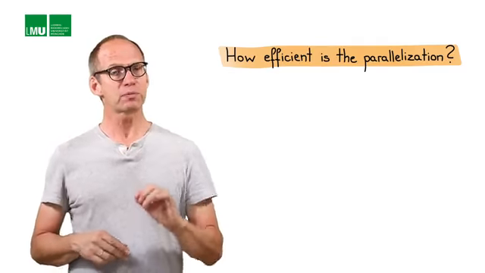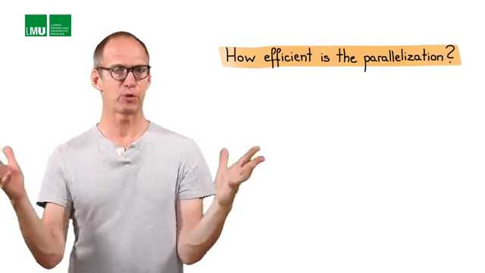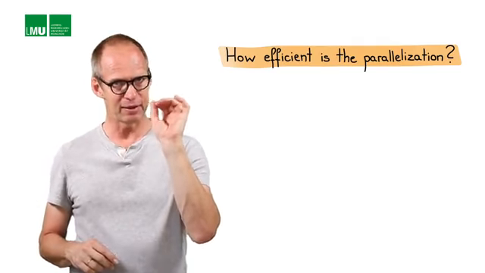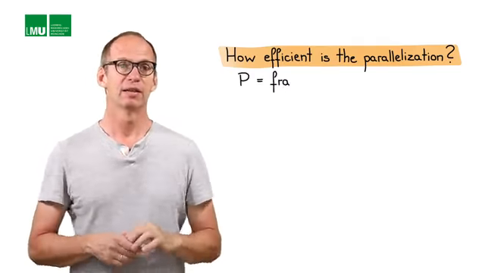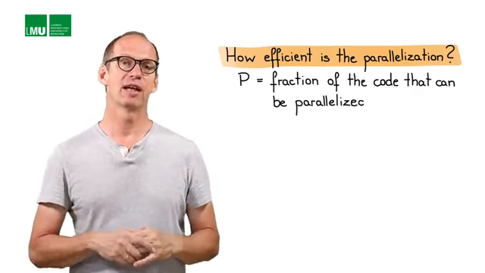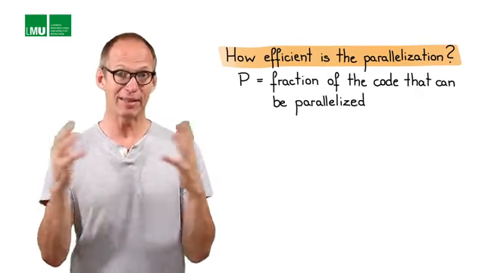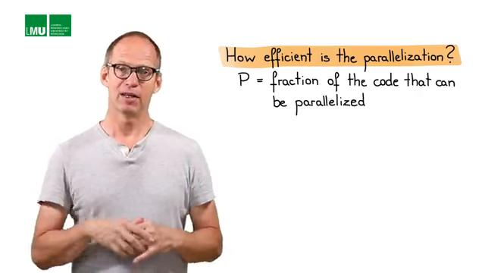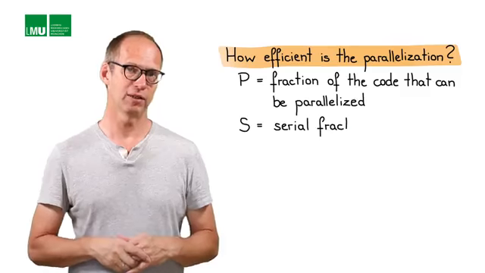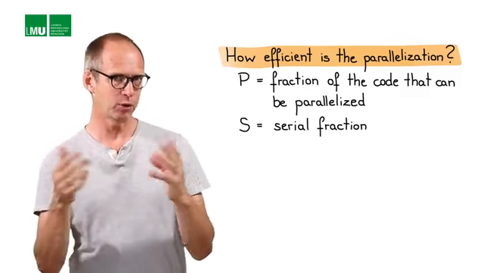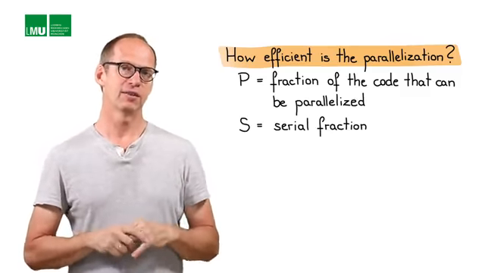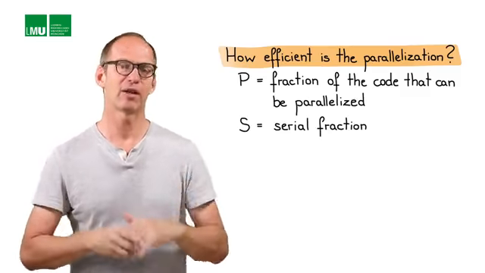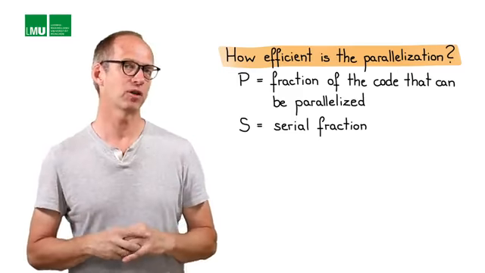Now let's assume you have a problem where the amount of parallelism P, in percentage, is given as, for example, 99%. So 99% of your algorithm can be parallelized, and the serial part would be 1%. Often I/O, input-output, is hard to parallelize. Today there are solutions, but often I/O is a bottleneck.